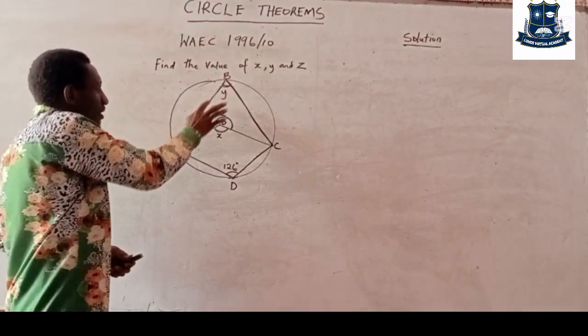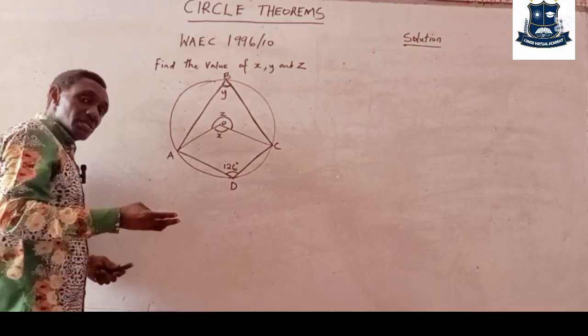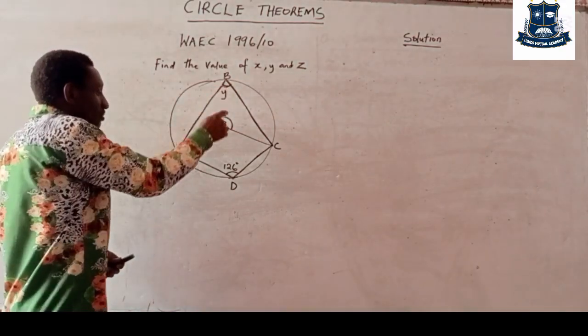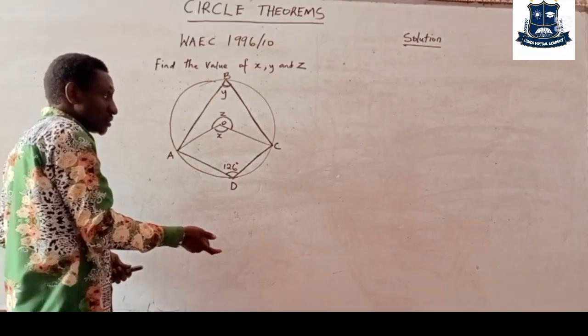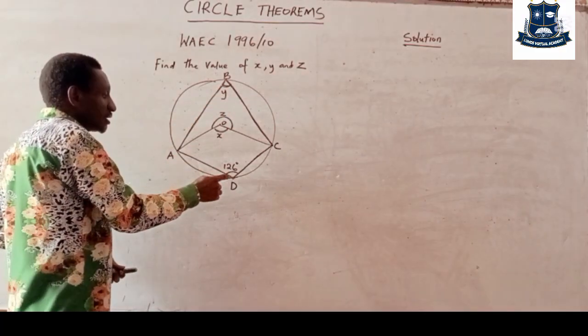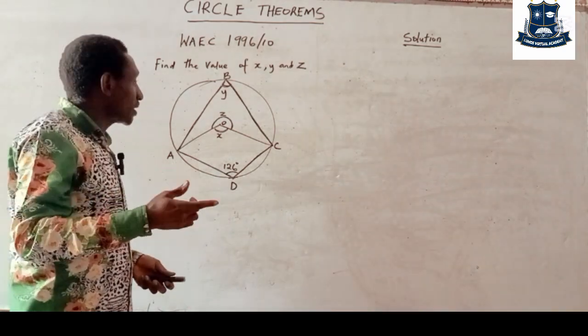So now I've seen a quadrilateral in a circle, and the law says opposite angles are supplementary, meaning this angle and this angle are opposite. So this angle and this angle equal 180. Remember, supplementary angles are angles that equal 180.